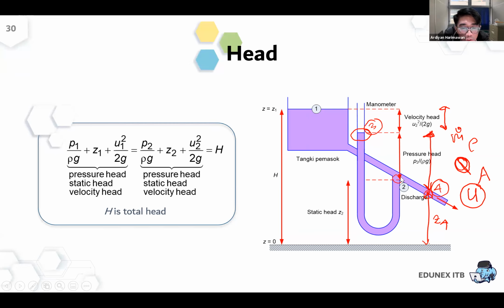The pressure at point 2 is actually atmospheric pressure plus rho g times this height difference, right? So this is the pressure head of point 2. If the total head is this much, from 0 to Z1, then the rest will be the velocity head. Okay, sir, I understand.